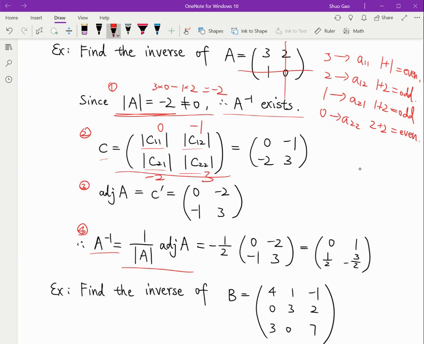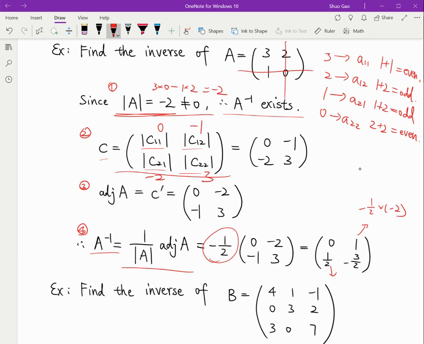When you divide this matrix by the determinant of A, which is minus 2, there's a minus 1/2 before that. Right, so minus 1/2 times the matrix means we need to multiply minus 1/2 to all the elements in the matrix, right? So this is 0 and then 1, just minus 1/2 times minus 2.